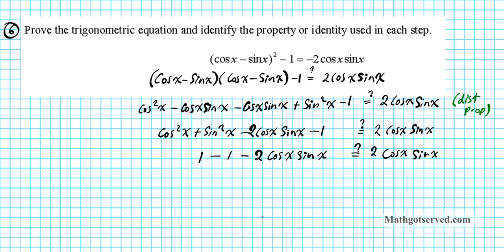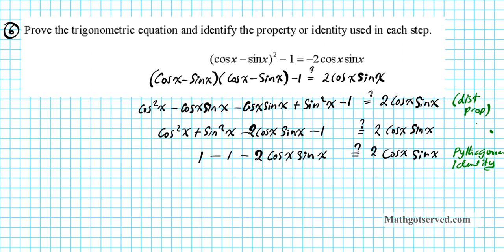So what we did up here was just addition, and then here we use the Pythagorean identity. Or yeah, we can just call this operation subtraction. It's kind of related to addition, but what we did is we subtracted these two right here.